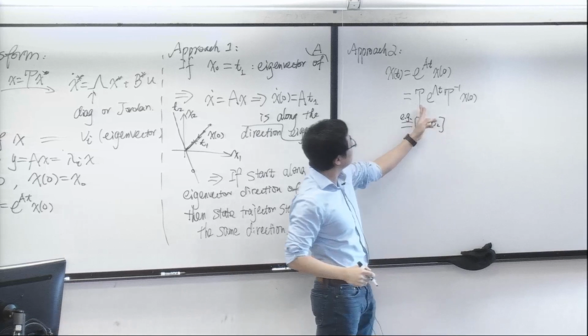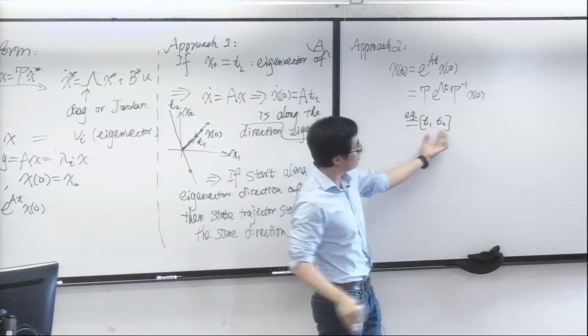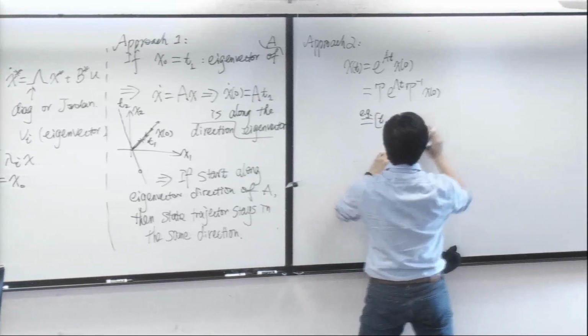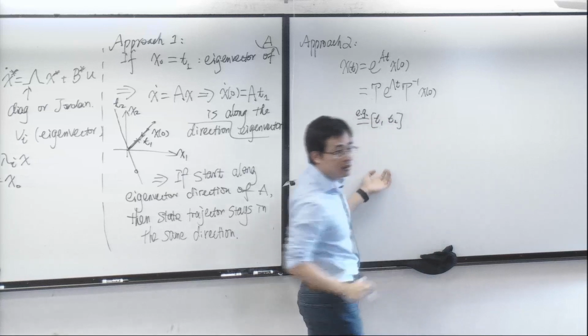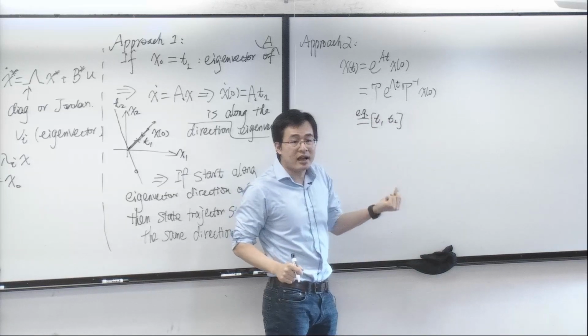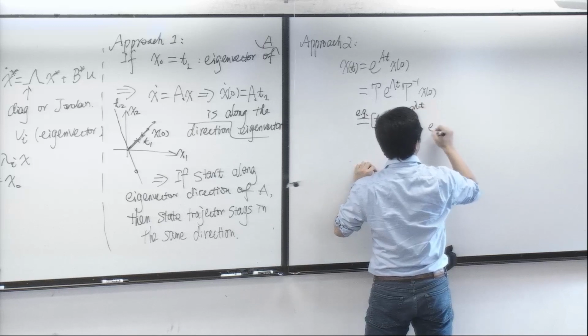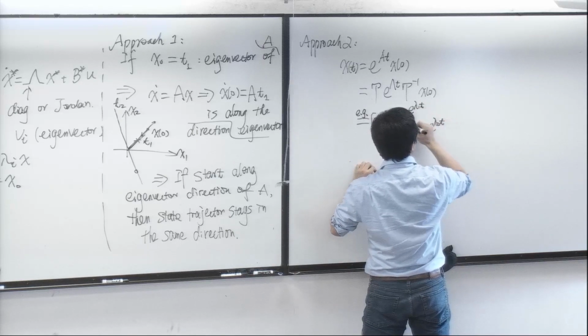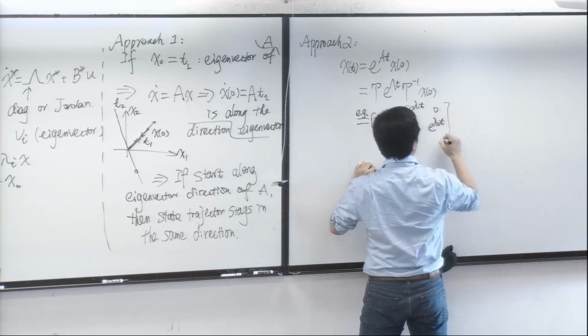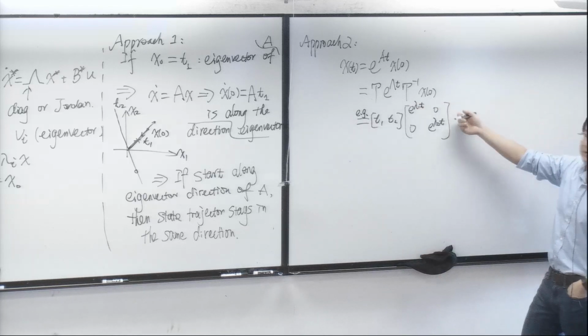So in the 2x2 case, my T has 2 columns, 2 rows. And then for my lambda, let's say I have 2 distinct eigenvalues. It's going to be e^(lambda1 t) and then e^(lambda2 t). And then I have T inverse.